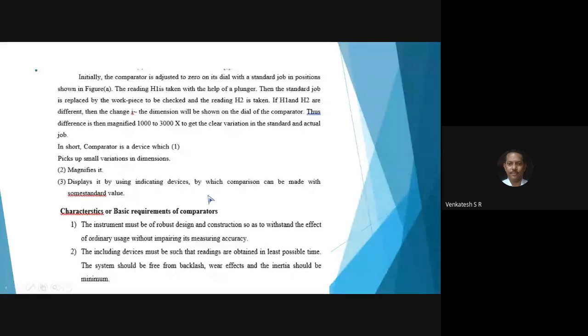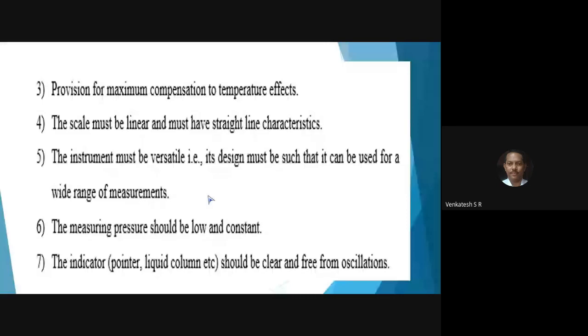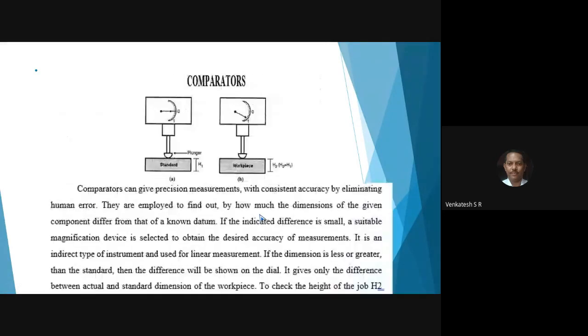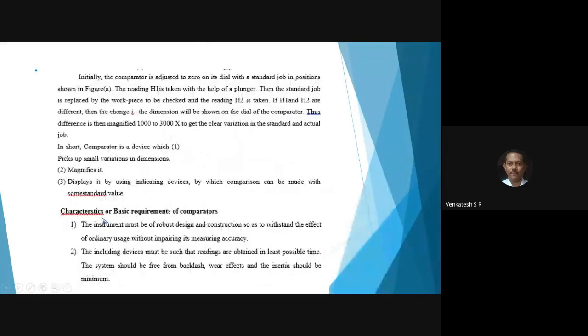All of you observe, here you have 7 requirements or characteristics. You must write a minimum of 5 in the examination. The first portion of the question, what is comparator? Put a question mark. Continue the question: list the characteristics or requirements of comparators.